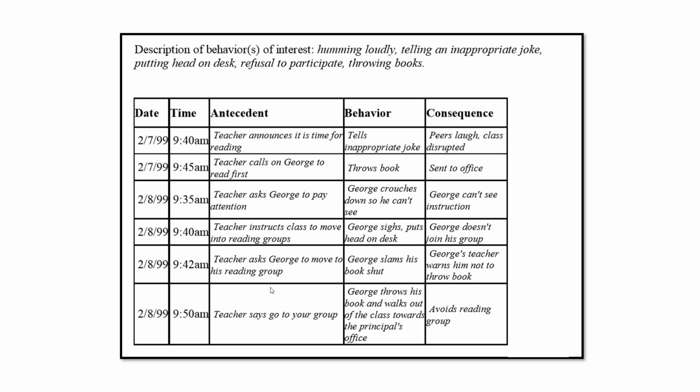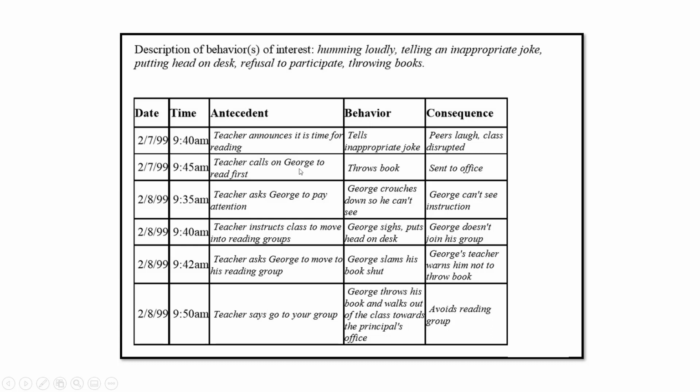So here's an example of ABC data, and you can see here's the date, here's the time, here's the antecedent. The teacher announces it's time for reading, and after that, the student tells an inappropriate joke, and the consequence is that his peers laugh and the class is disrupted. You can see we're describing what's going on before the behavior occurs, the behavior, and what's going on afterwards.